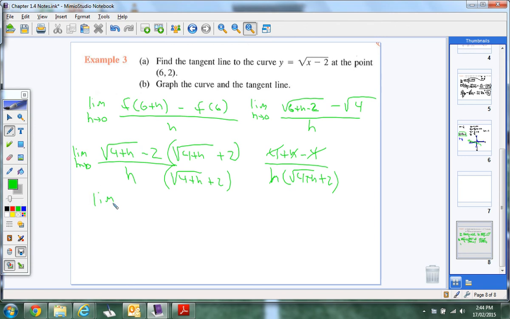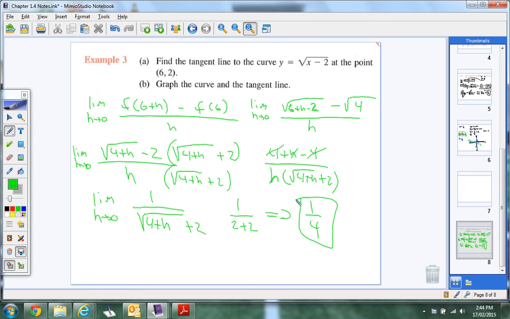So now I'm left with 1 over square root of 4 plus h plus 2. The 2 is not underneath there. And now we can plug the 0 in. Okay, when I plug the 0 in now, 4 plus 0 is 4. Square root of 4 is 2. I get 1 over 2 plus 2. So my limit is 1/4. My limit is 1/4 again.